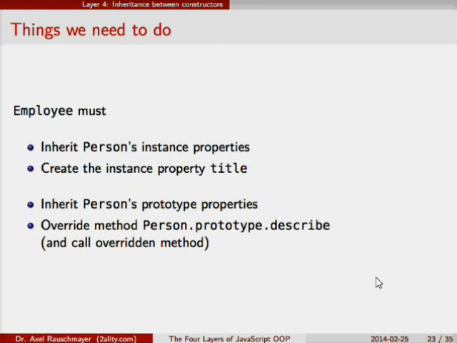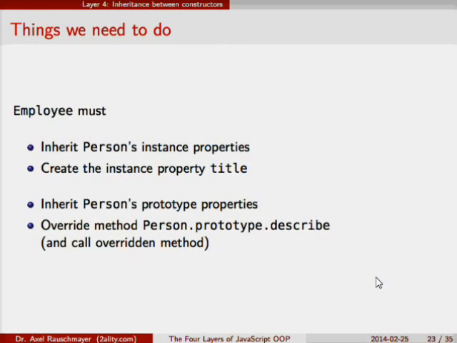So what we need to do is: employee must inherit all the instance properties of person. It additionally must create its own instance property title. So that's the instance part.